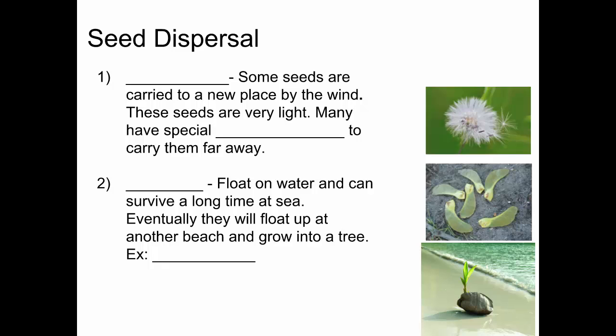So most plants have a means of dispersing their seeds, spreading them out, getting them to other new areas to grow. Okay. And some plants utilize wind as a method of seed dispersal. You guys know what this is, right? That's a dandelion. After what's happened?